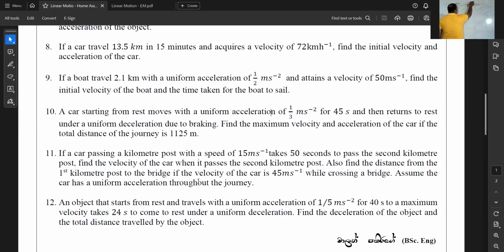This is B. S is 1000 meter. 1000 meter is 1 kilometer.